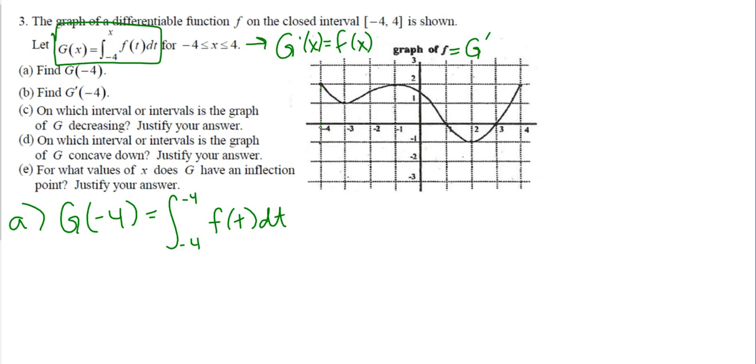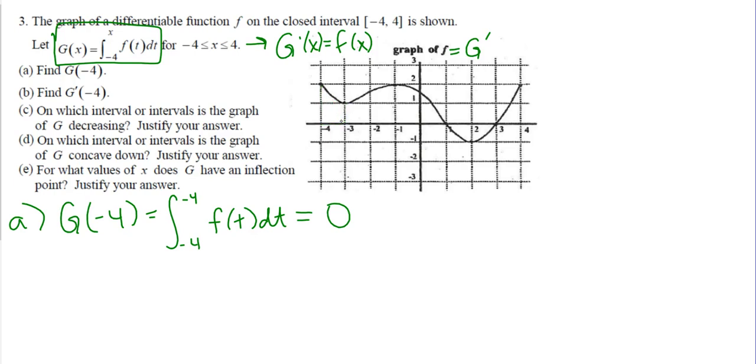No, we haven't moved at all on the x-axis, so the answer is 0. But if I went from -4 to -3, we would be looking at that area. Just an FYI there.